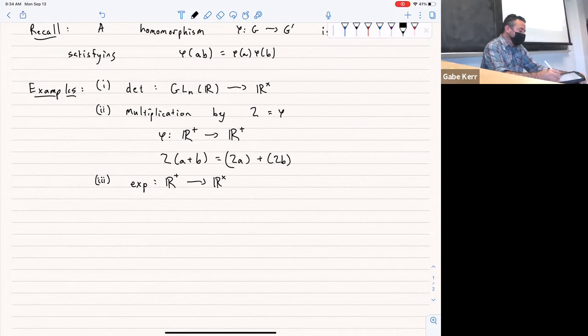So this sends a number, say A, to E to the A. If you've done any computer programming, often we write functions E to the A, but mathematicians will write exp of A. And why is this true?